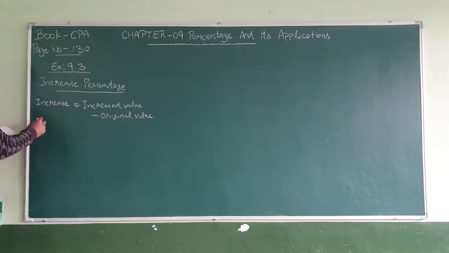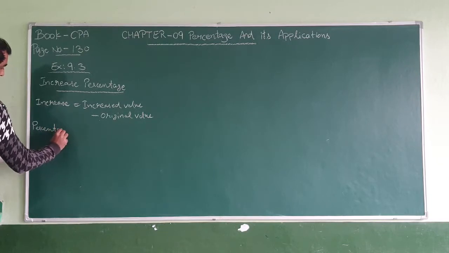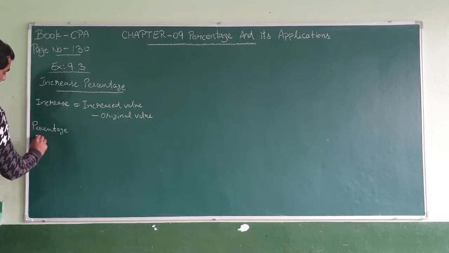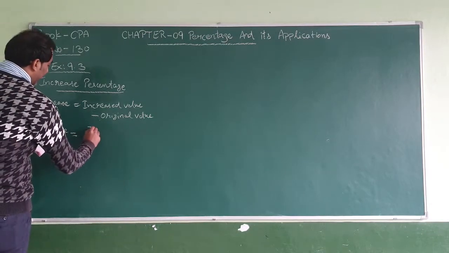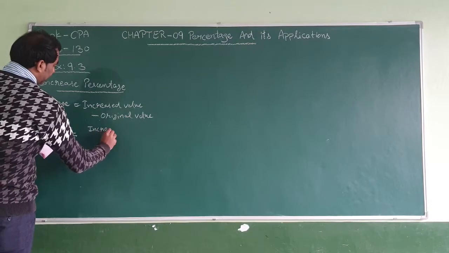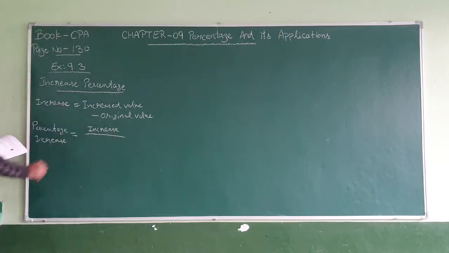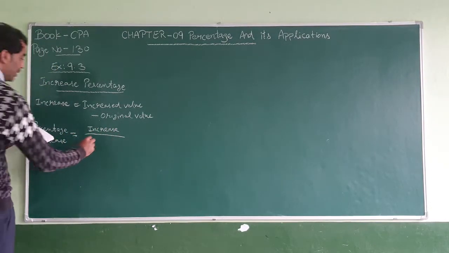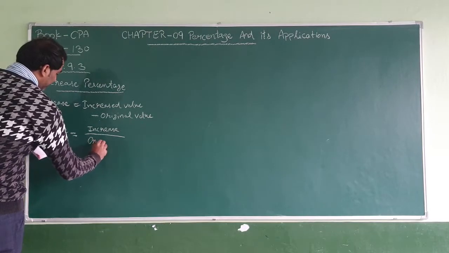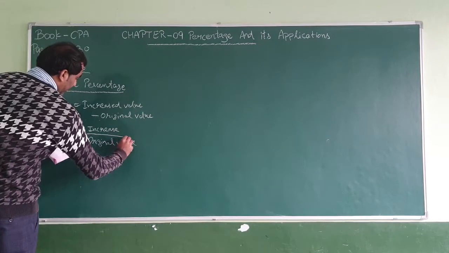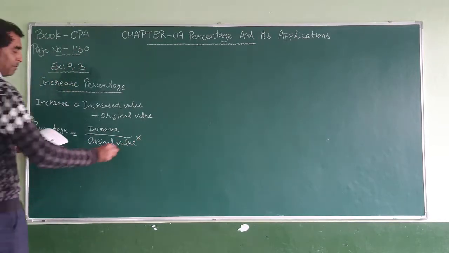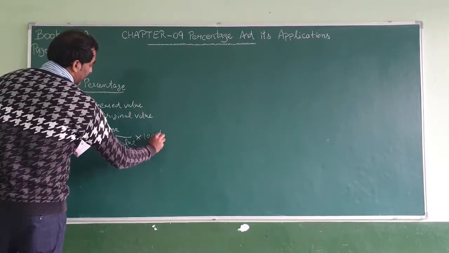Second one is percentage increase. This formula is increase over original value multiply 100%.